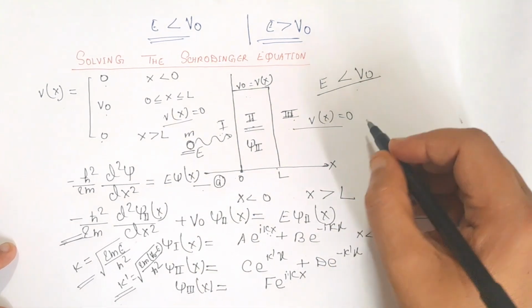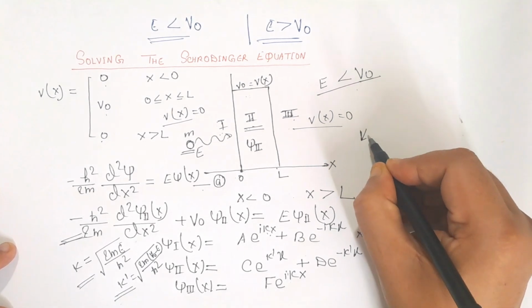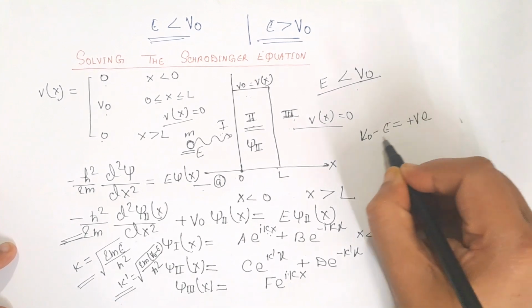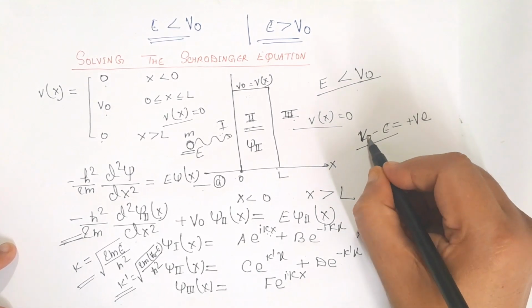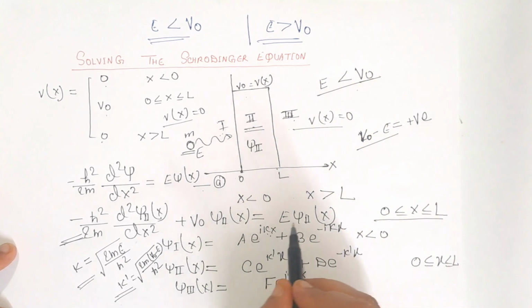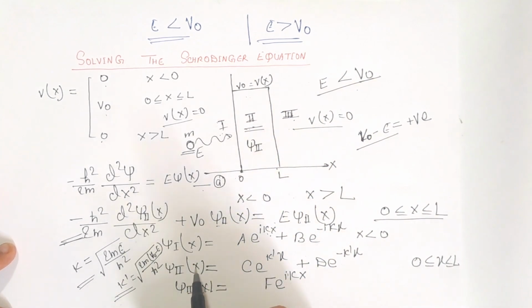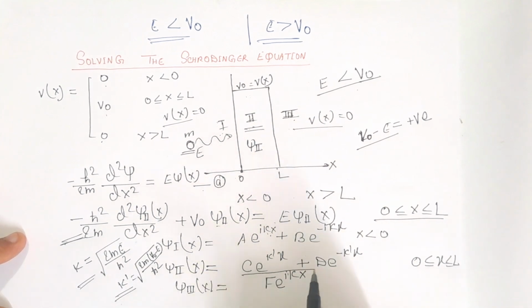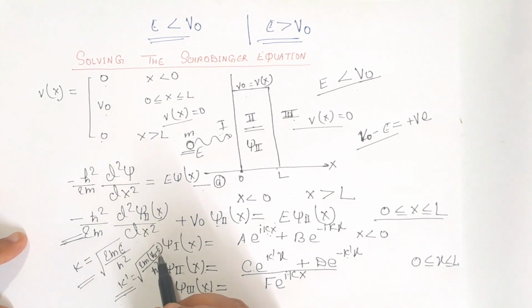In this case, V0 minus E will be positive, and in this case the solution will be psi 2(x) equal to c e to the power k dash x plus d e to the power minus k dash x, and k dash will be root of 2(V0 minus E) divided by h bar square.